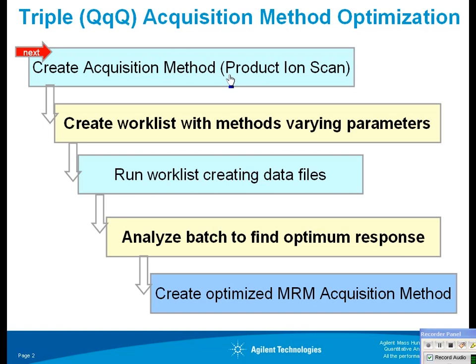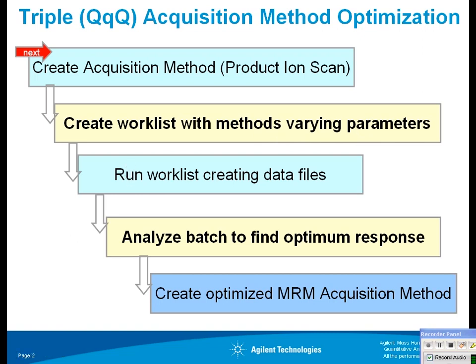And in the example that I have 4 compounds, so there's a 4 product ion scan cycle. Now, once I have this method created, I can then use the tool, which I'll spend most of this time discussing, to create a work list with associated methods, each method varying the set of parameters, collision energy and fragmenter voltage.